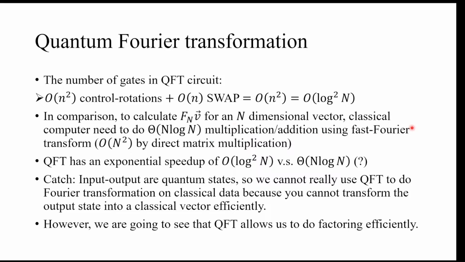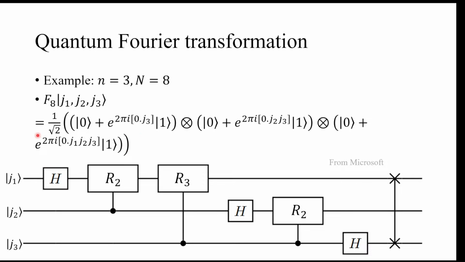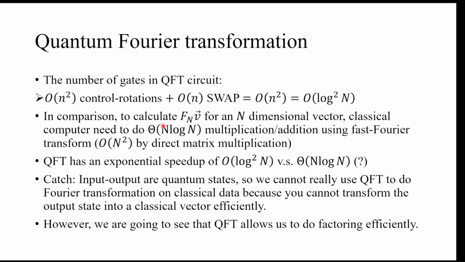This is the so-called fast Fourier transform, and you use a very similar decomposition to this, but with a different notation because in classical computation you don't write gates. You can also do a recursive calculation that only requires order N log N multiplications and additions. If you do this in the stupid way, with direct matrix multiplication, then you need order N squared. So this is still faster.